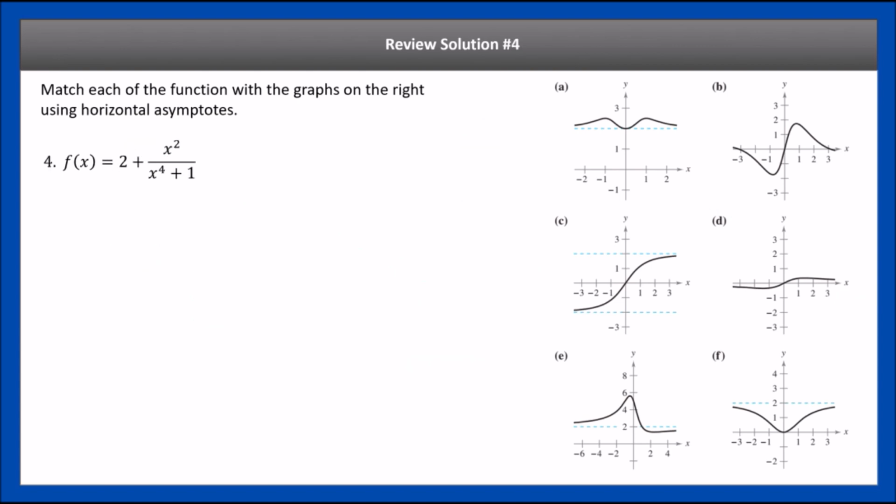All right, so number 4. Okay, this one's interesting. This one's kind of already done; I guess they must have done a polynomial division of some sort. If I take the limit as x approaches infinity of that function, we're going to divide by x to the 4th, top and bottom.